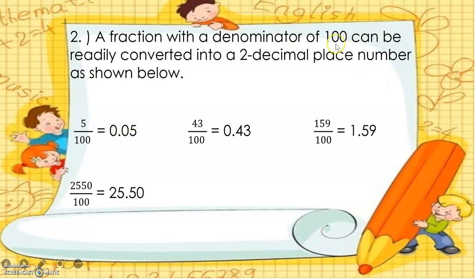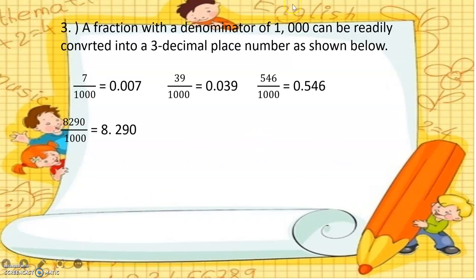Again, if the denominator is 100, the decimal has 2 decimal places. 43 over 100 is 0.43, 1, 2. 159 over 100 is 1.59, 1, 2. 2550 over 100 is 25.50. 100 has 2 decimal places, 1, 2.